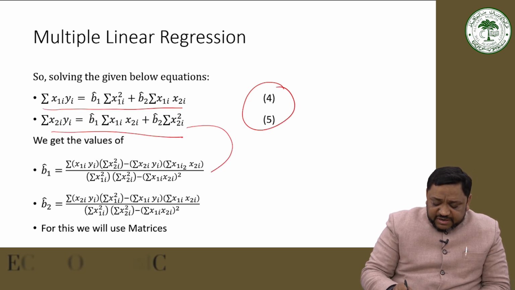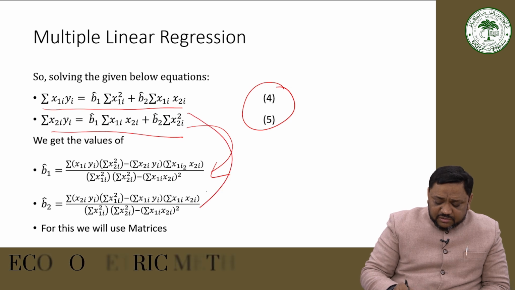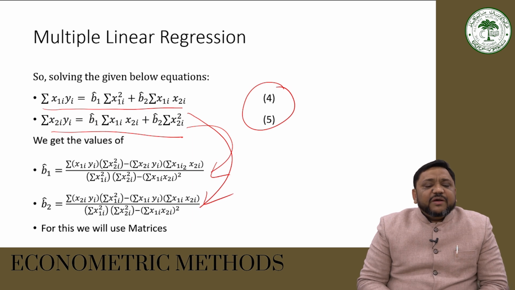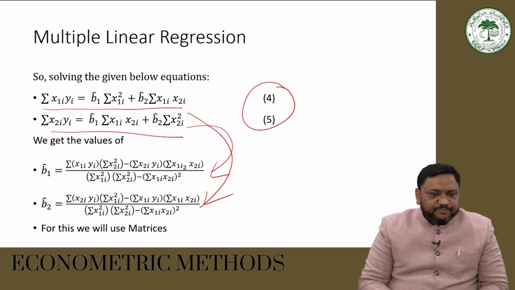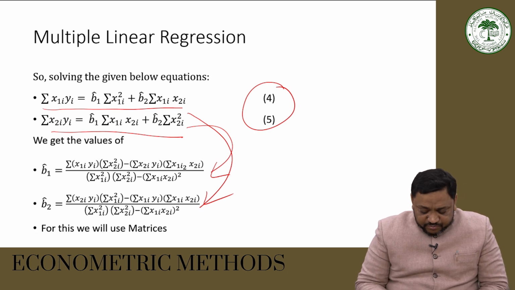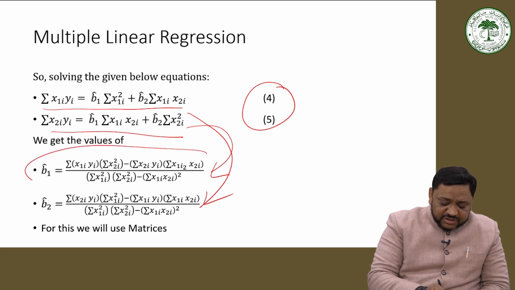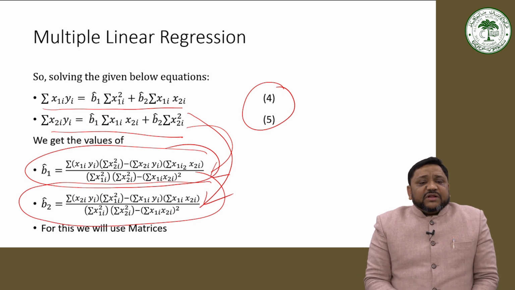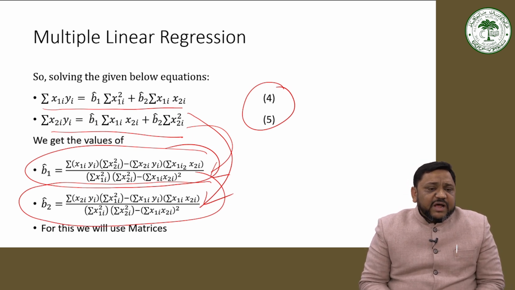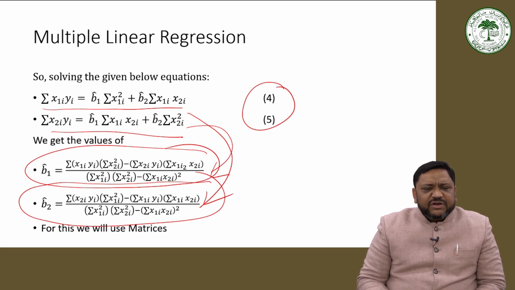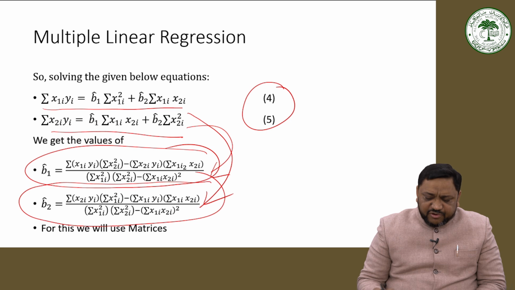From these we will be deriving the formulas of b1 hat and b2 hat. From these two normal equations, our next motive is to find the formula for b1 hat and the formula for b2 hat in a case where there are two independent variables x1 and x2. But to solve this, we need some basic knowledge of matrices.